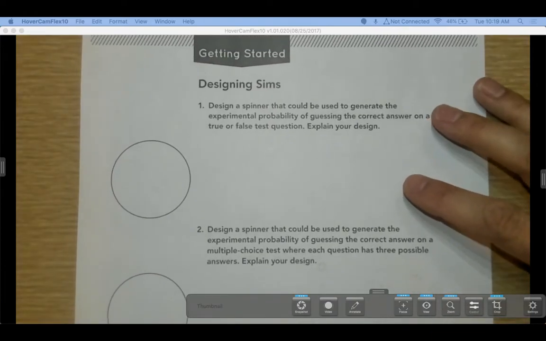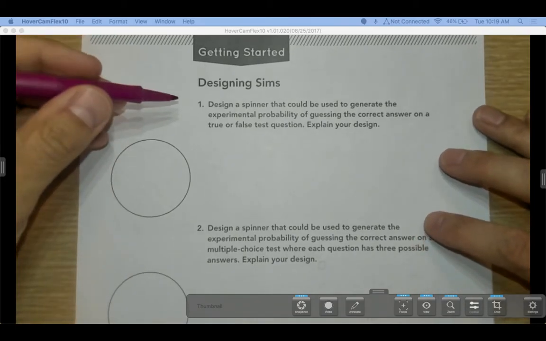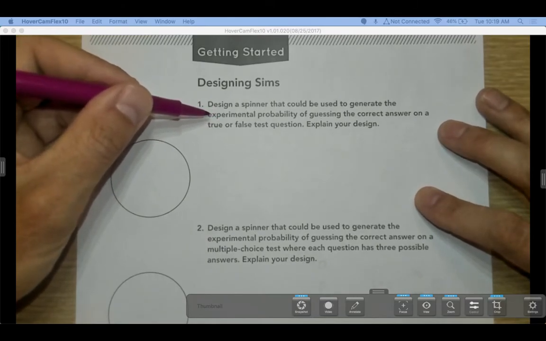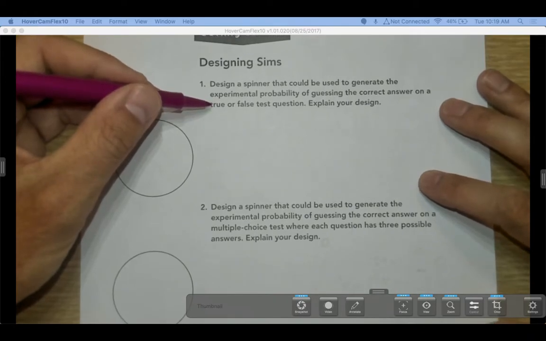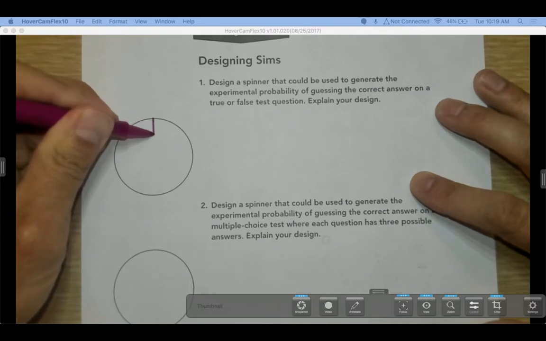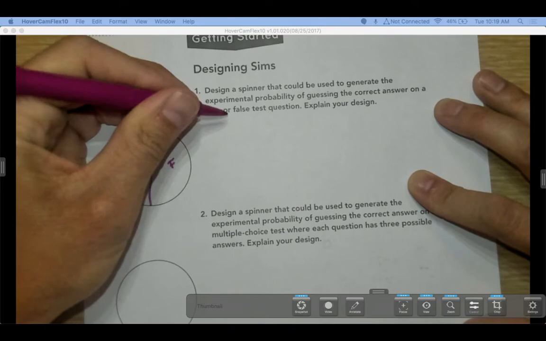Okay, getting started. Designing sims. Design a spinner that could be used to generate the experimental probability of guessing the correct answer on a true or false question test. Explain your design. Well, true, false.